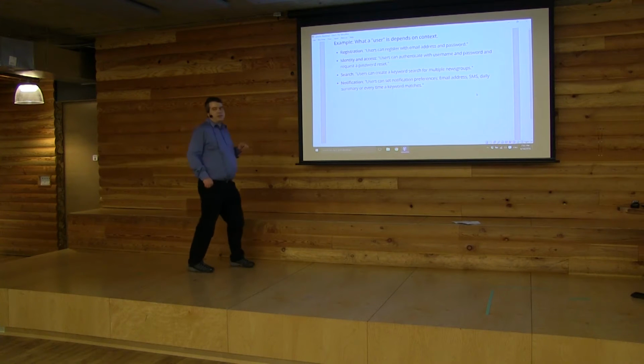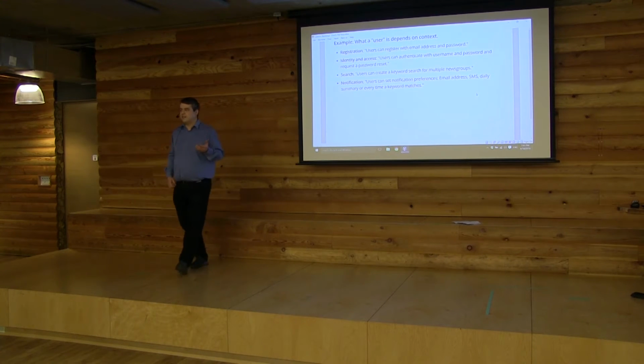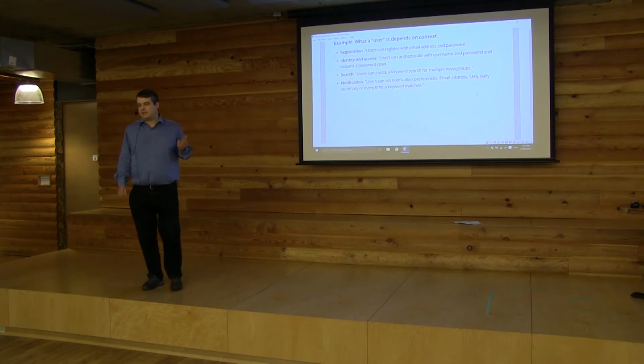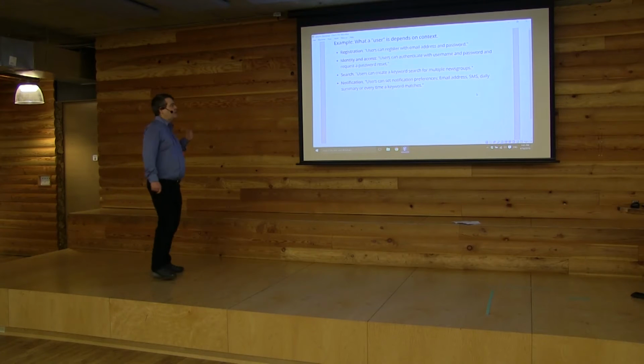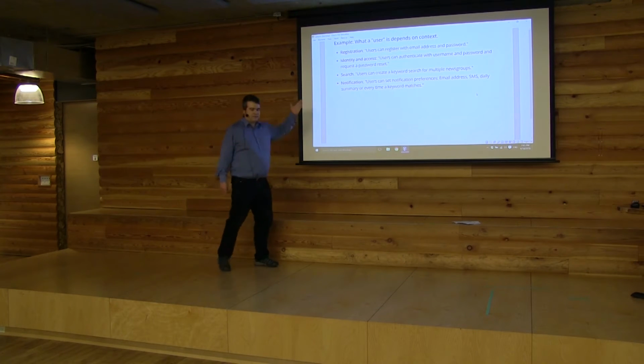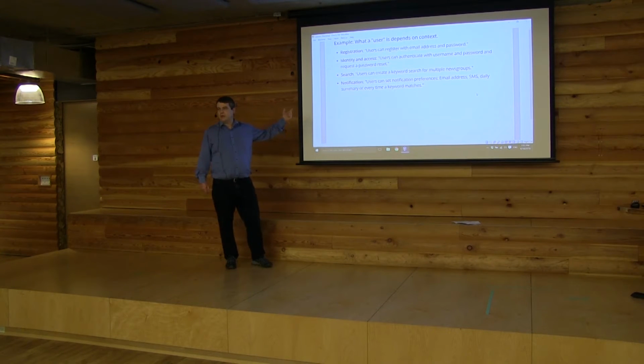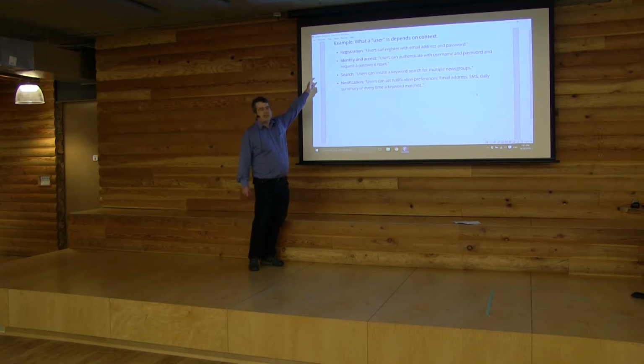For example, take a user. What's a user, right? Those of you who do technical things will know that a user can be all sorts of things, from a login to a user doing everything in the system, but what a user actually is depends on which bounded context the user is in.